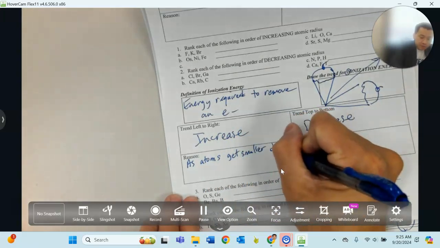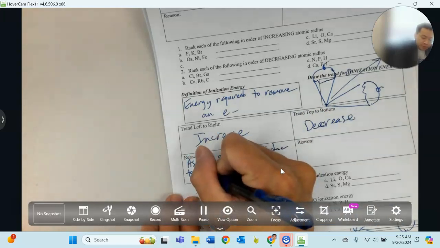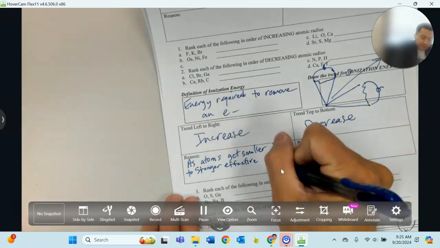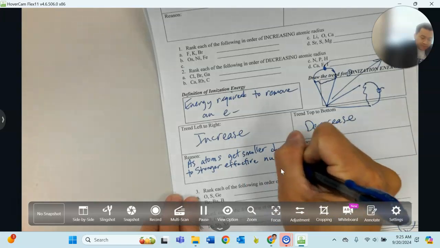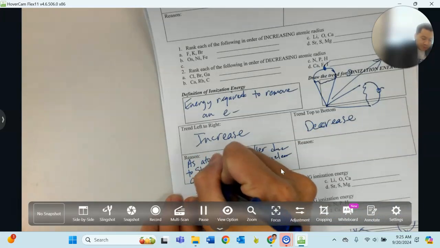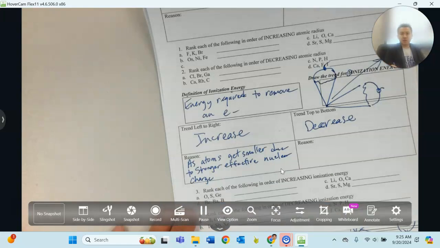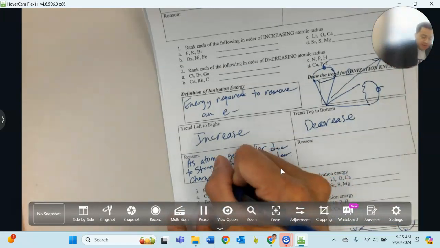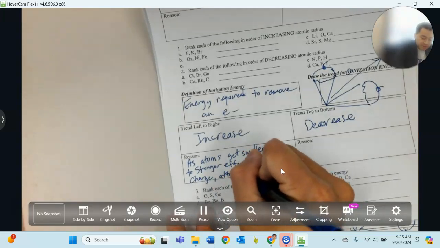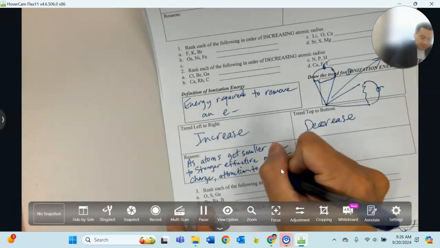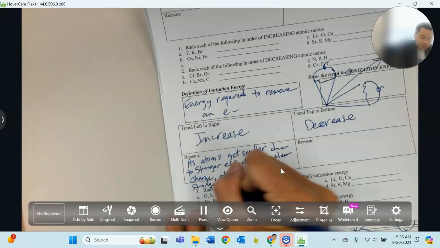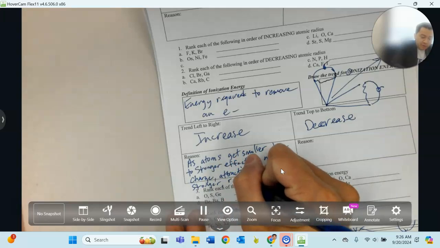due to stronger effective nuclear charge. It's holding the electrons a little stronger. The attraction to the electron is stronger, so it requires more energy to remove.